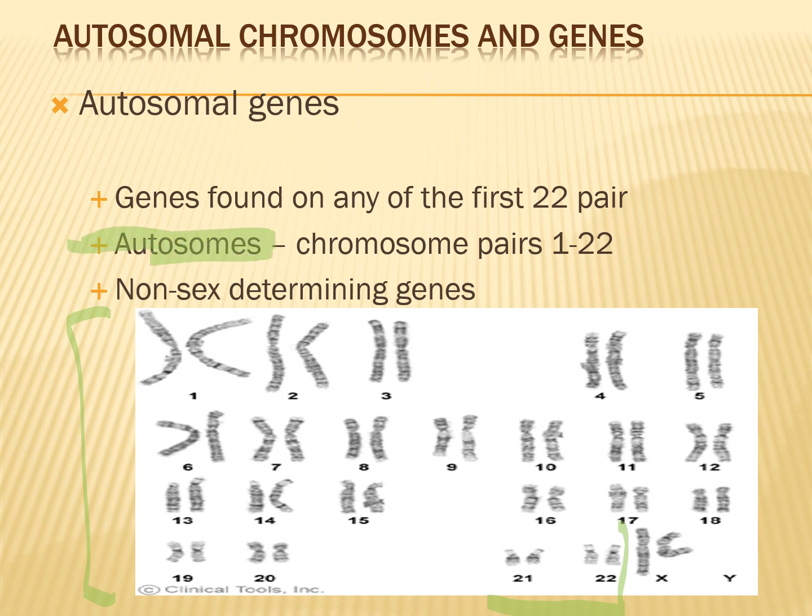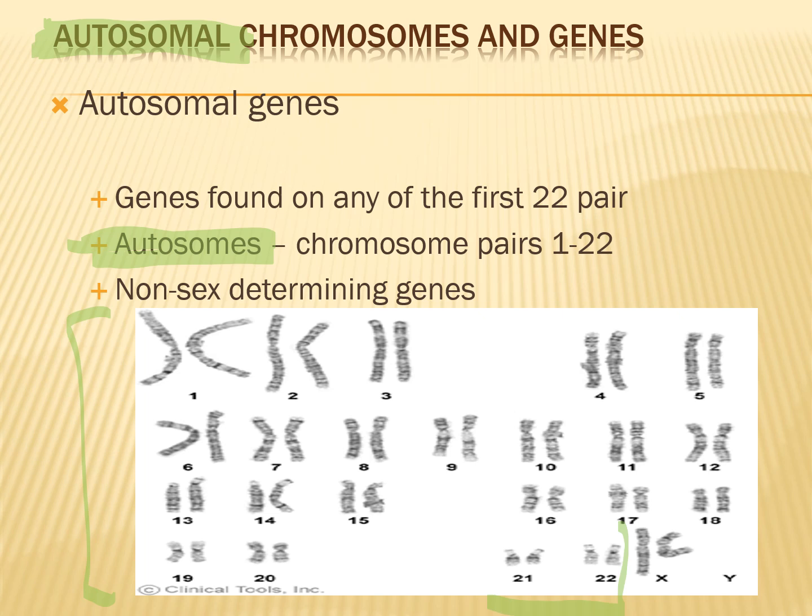And autosomes, everybody has a homologous pair of the autosomes, unless you have some chromosomal abnormality, a monosomy or a trisomy, then you would have an abnormal number. But under normal conditions, you have 2 of every chromosome for 1 to 22. And so those are called autosomal chromosomes, and both males and females have a homologous pair.